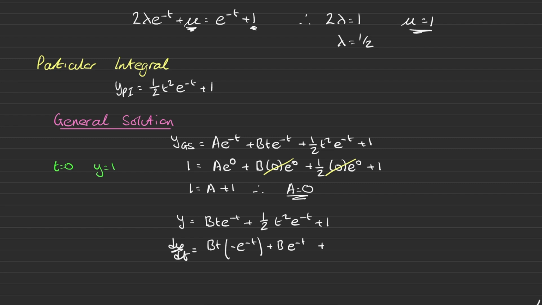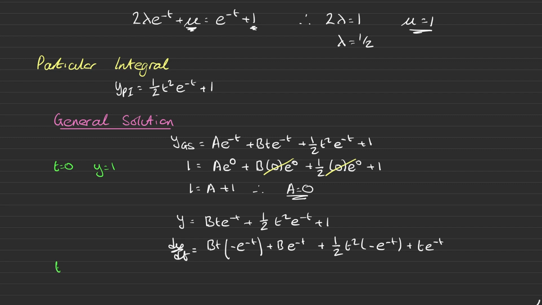And then we need to differentiate this again using the product rule. So we'll have 1/2 of t squared minus e to the negative t plus, when we differentiate this, we just get t e to the negative t and this constant will go.